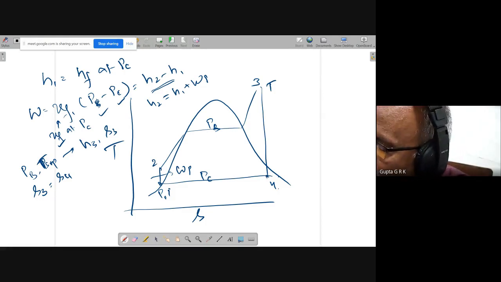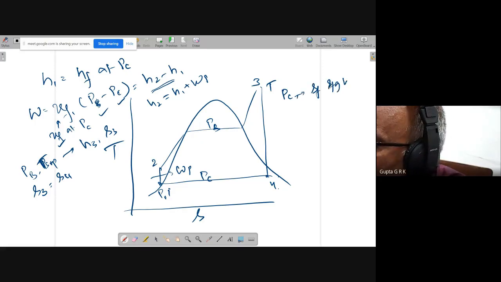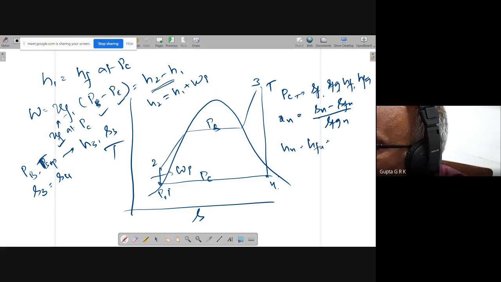At this condenser pressure, you find SF, SFG, HF, HFG. Then X4 is equal to (S4 minus SF4) by SFG4, and H4 is equal to HF4 plus X4 HFG.